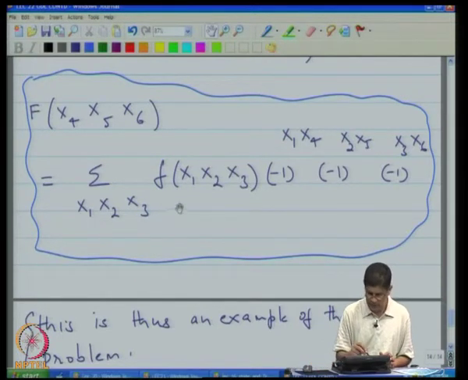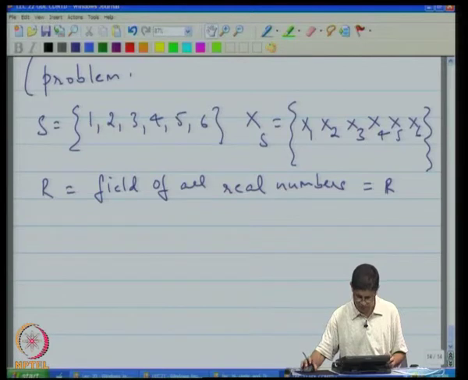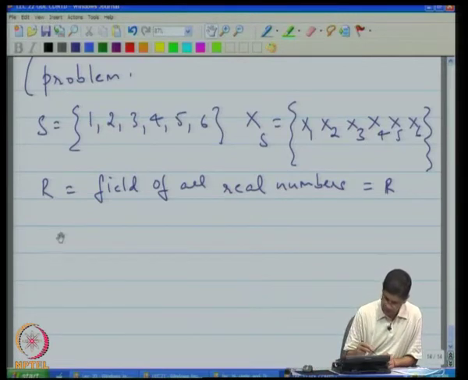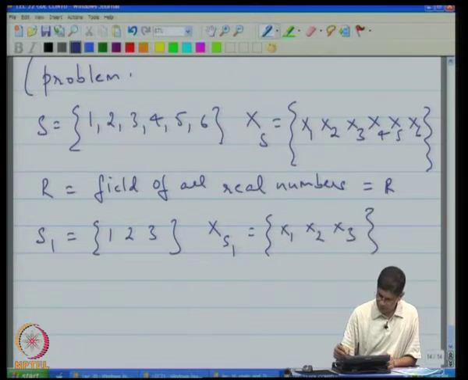This is marginalization, this is the product function. Therefore, these must be the local kernels. There is a kernel x1, x2, x3, x1, x4, x2, x5, x3, x6. Let us put those down. S1 is 1, 2, 3, x of S1 is x1, x2, x3.